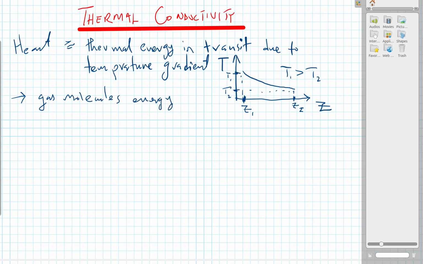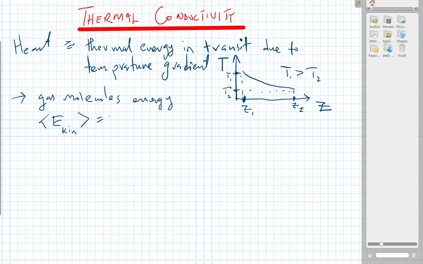So gas molecules' energy, remember the average kinetic energy of a molecule, let me write that as E, average kinetic energy.